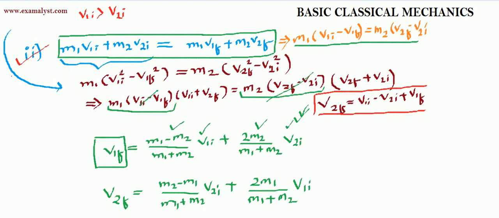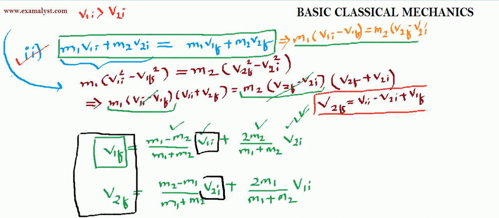So we can easily predict both the final velocities. Amazing, right? We can easily predict both the final velocities only if we have the information of the initial velocities of the two balls and the information about their masses.